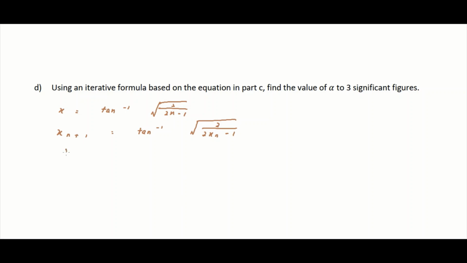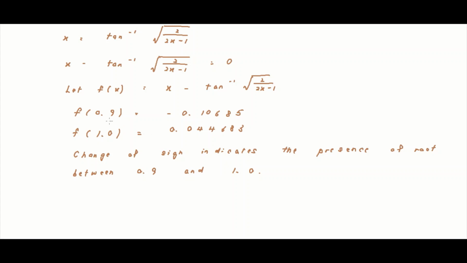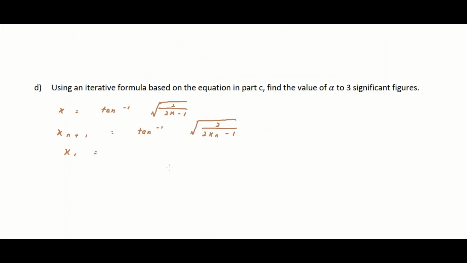Okay, so x1. I think in this question they didn't give you the starting point also, so you need to determine it by yourself. You can see that you have just verified that for 0.9 is -0.1, for 1.0 is 0.04. You can imagine that your root should be nearer to 1.0 rather than 0.9, because for 1.0 the value itself is nearer to 0 compared to f(0.9). So in this case, I will choose to start from, let's say, 0.97.